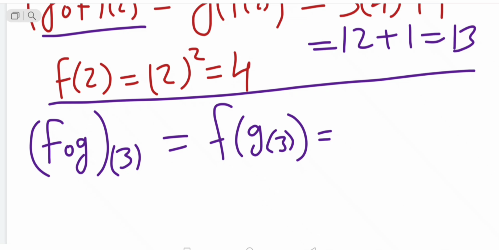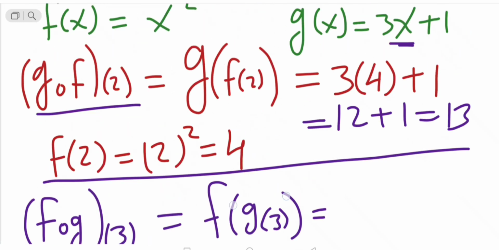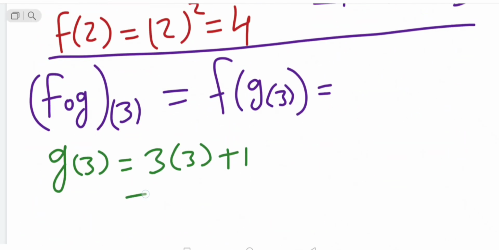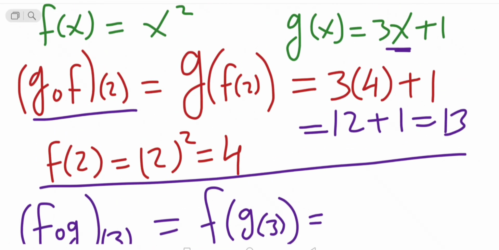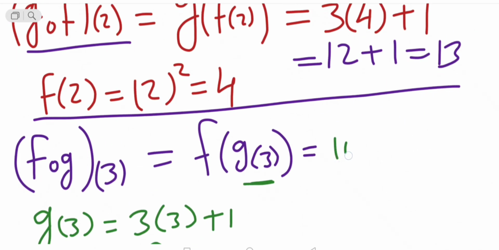So g of 3 equals 3 times 3 plus 1, which equals 9 plus 1 equals 10. So g of 3 equals 10. Now the input is 10. We will put 10 in f. What is f? x square. So at the place of x we will put 10 square, which equals 100. I hope you understand and it is clear for you.